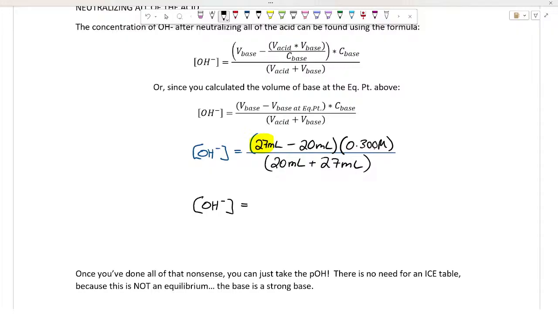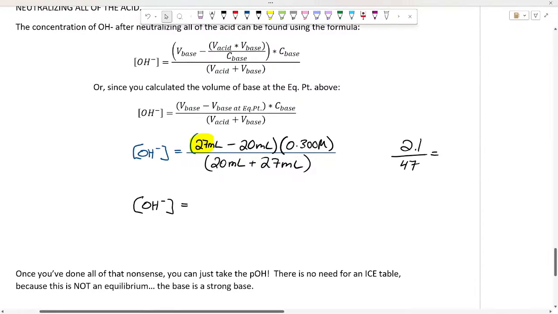And we can do this. 7 times 0.3 is 2.1. 2.1 divided by 47 is going to be, I don't know, on the order of 0.4-ish. 0.45.